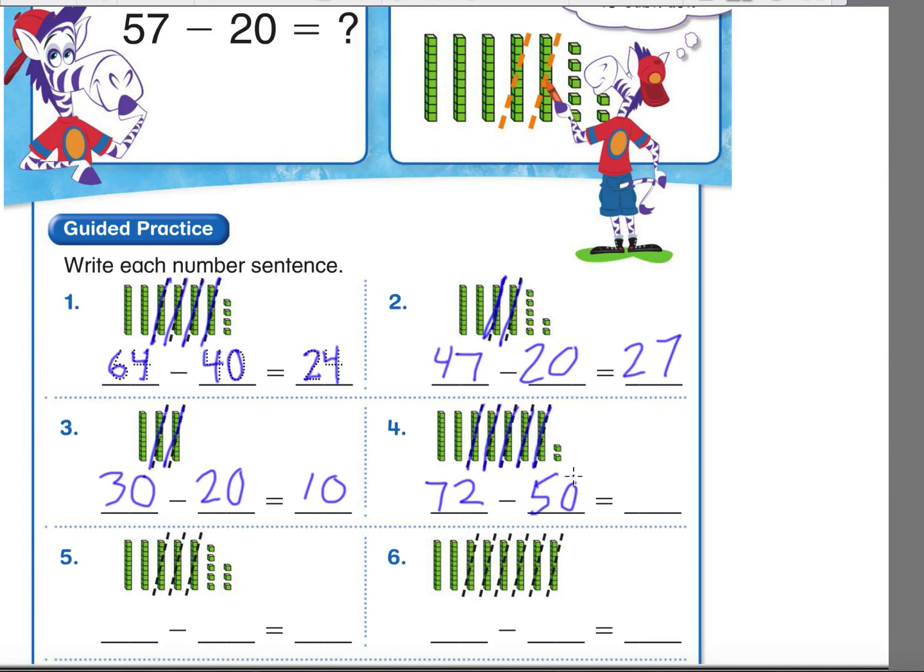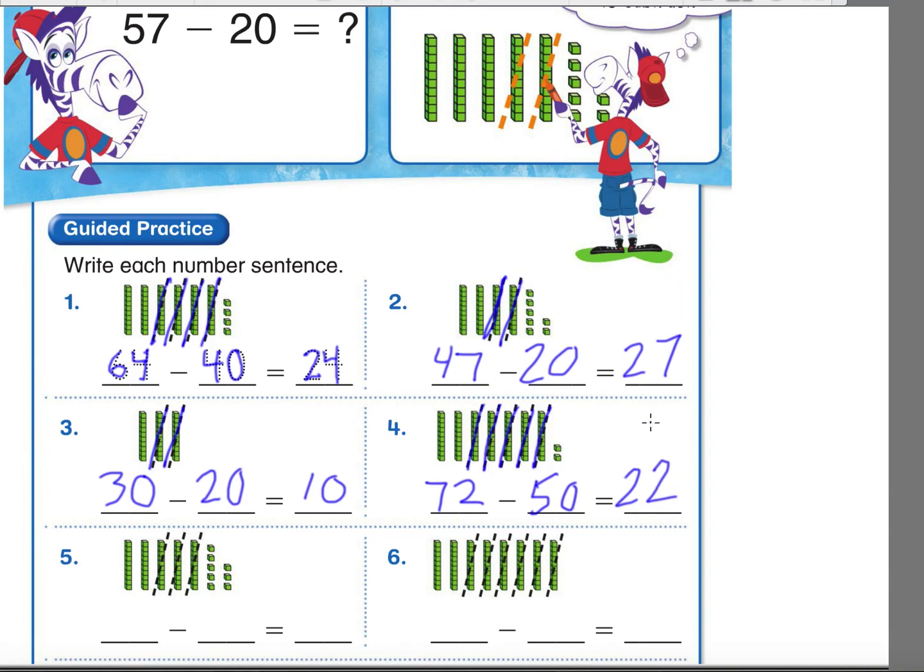Now that we did all the hard work, we just have to count what's left. That was the hardest part, guys. Counting the total and then counting how many we're crossing out. Now we're just counting how much is left. Ready? 10, 20, 21, 22. That's it. Our answer is 22. So 72 minus 50 is 22.